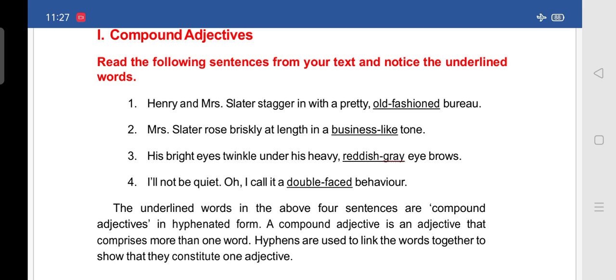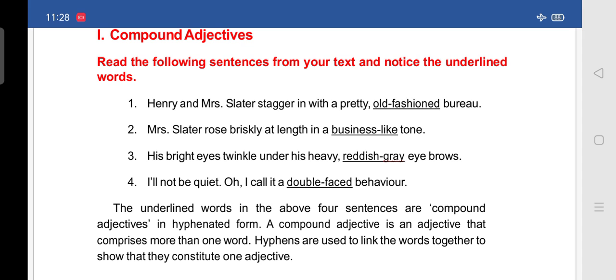Fourth, I'll not be quiet. Oh, I call it a double-faced behavior. Here the underlined part is double-faced. The underlined words in the above four sentences are compound adjectives in hyphenated form. A compound adjective is an adjective that comprises more than one word.